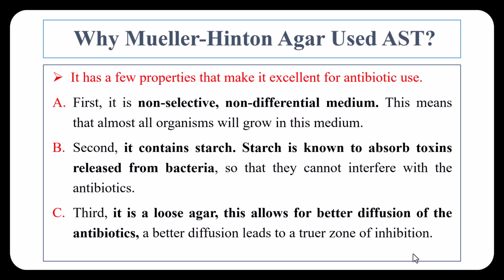The second point, it contains starch that absorbs the toxins that may be released by bacteria and interfere with the antibiotic. The third point is a loose agar structure, because this structure allows for better antibiotic diffusion and a better inhibition zone will appear on this type of media. That's why we use this media for sensitivity.